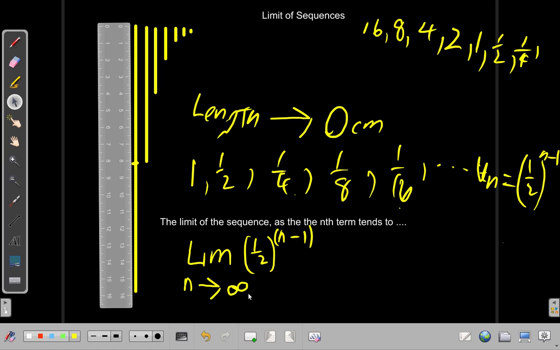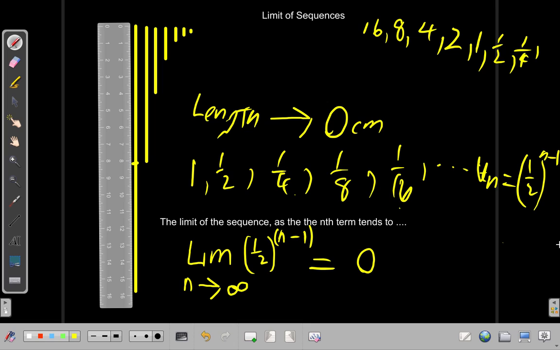So as n tends towards infinity, what is the limit of this term? And we have seen that the limit of this term is 0, because they keep getting smaller and smaller, so they tend towards 0. So the limit of this term actually exists, and it is 0.